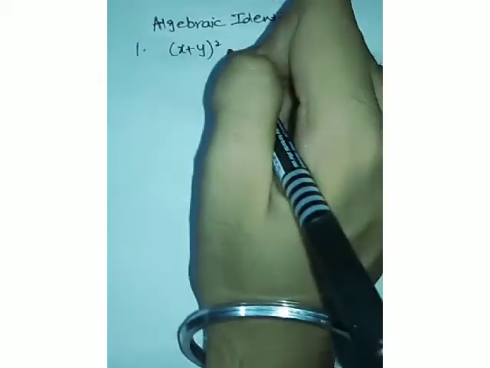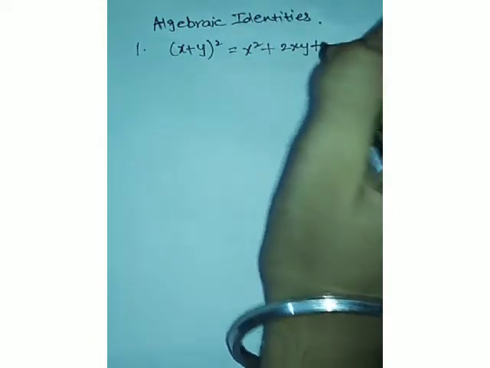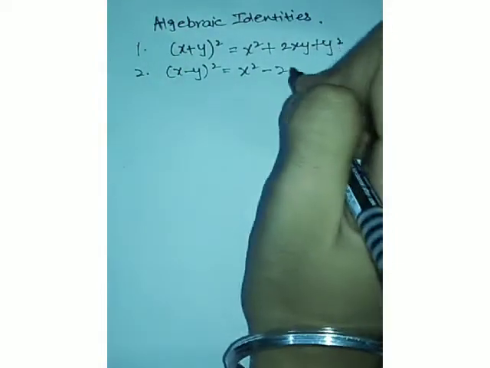Firstly, very basic identities, and you also know these identities. x plus y whole square is x square plus 2xy plus y square. The second one is x minus y whole square, that is x square minus 2xy plus y square.